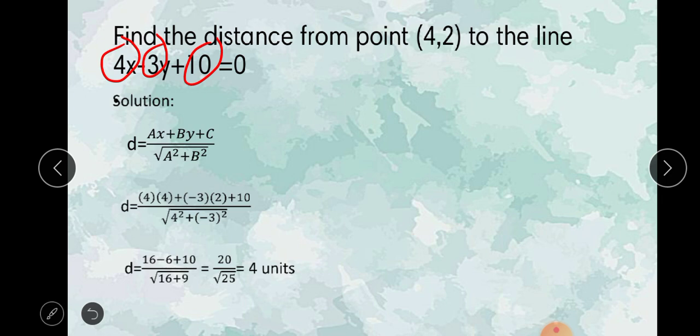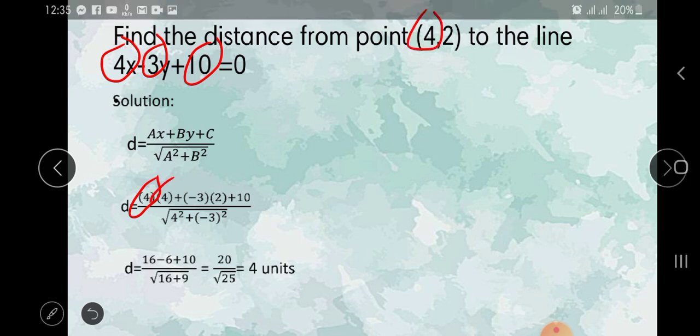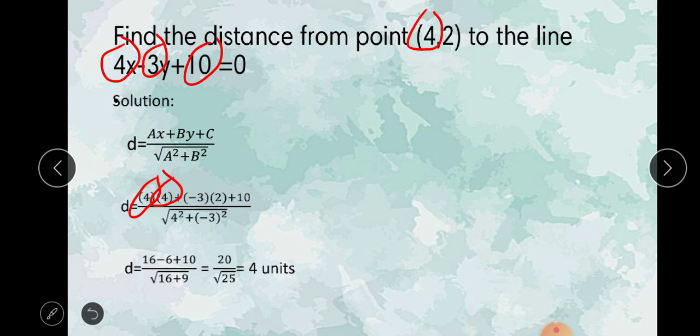We will have 4 times, substitute the A, 4, then the value of x, then substitute the value of b, which is negative 3, then the value of y, which is 2, then the value of c, which is 10. The same in the denominator: substitute the value of a, which is 4, and the value of b, which is negative 3.